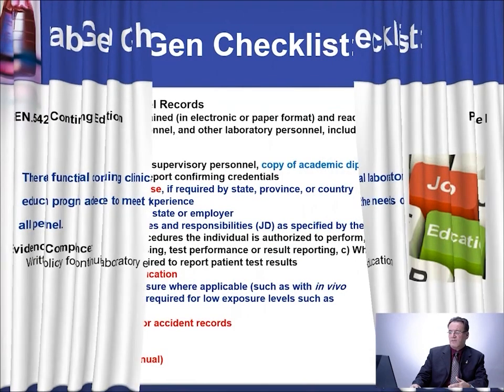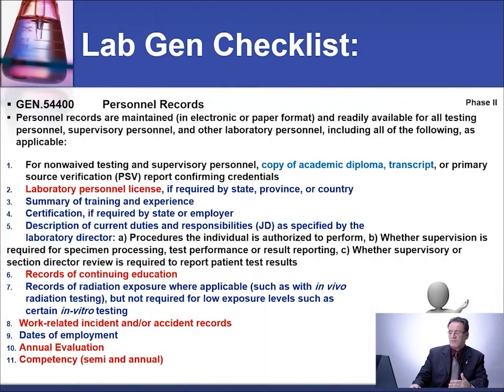Also, the next one is your personnel records, found in Gen 54400. Initially, you need to go to this standard and find out all the things you need to have in the personnel file.